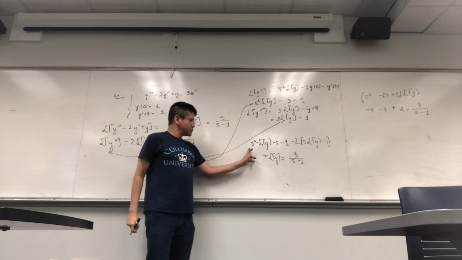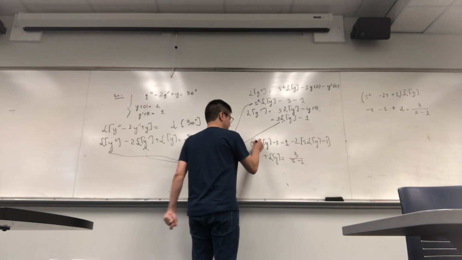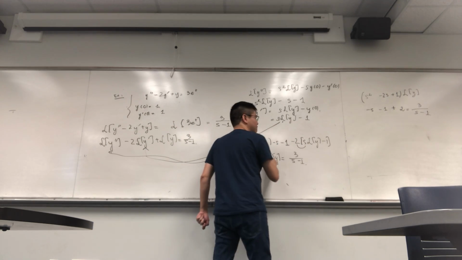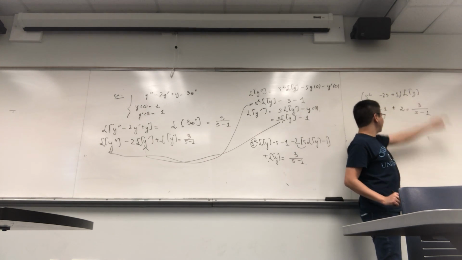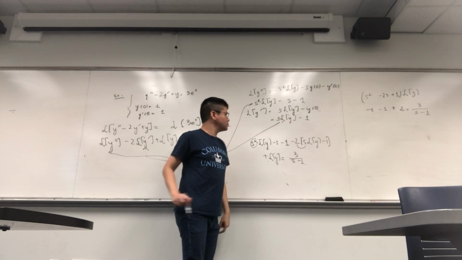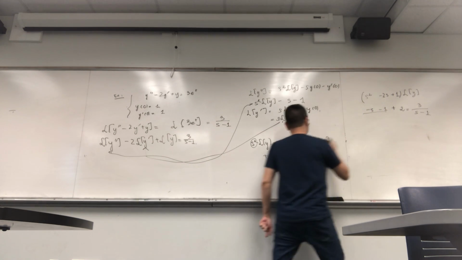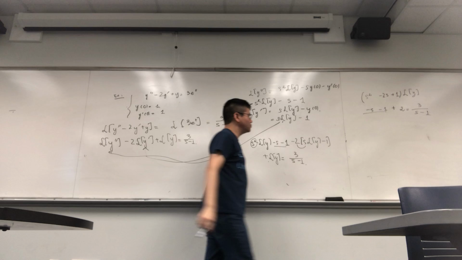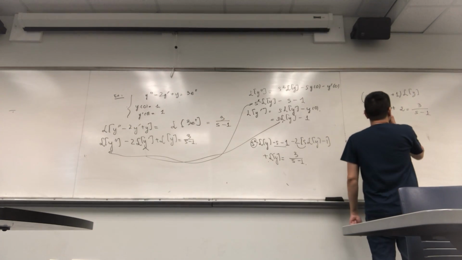Explain again. So here I'm going to factorize all of the terms that have Laplace transform of y. So here I have s squared, here I have 2s, here I have 1. I'm going to get s squared minus 2s plus 1 times the Laplace transform. The other terms will be s minus 1, which is s minus 1 here. So here I have a plus 2. And finally I have 3 over s minus 1.